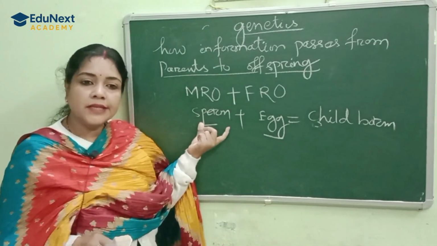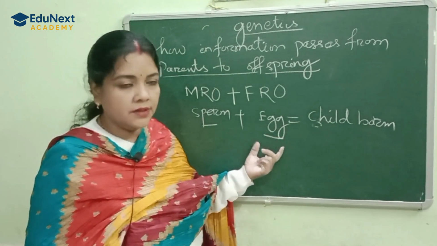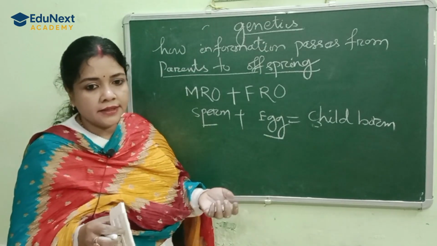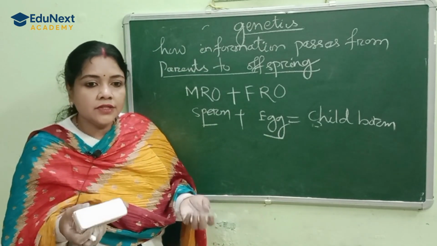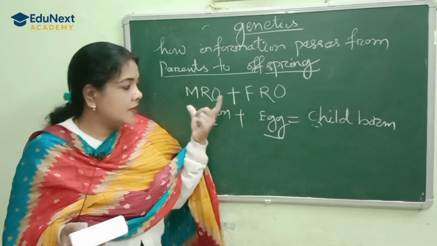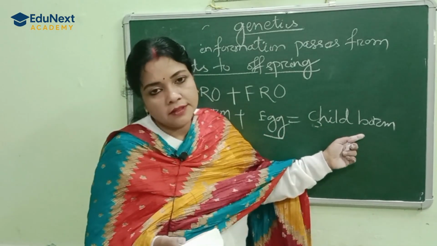Half of the information is carried by the father's sperm and half by the mother's egg. When they join together, the child gets both sets of information. In this way, the information from mother and father passes to the child.